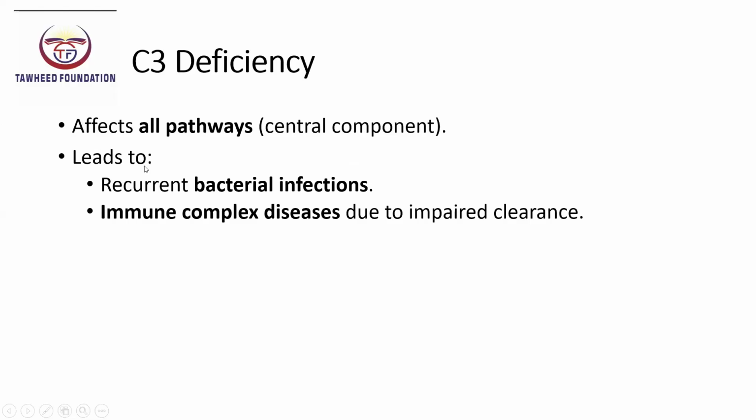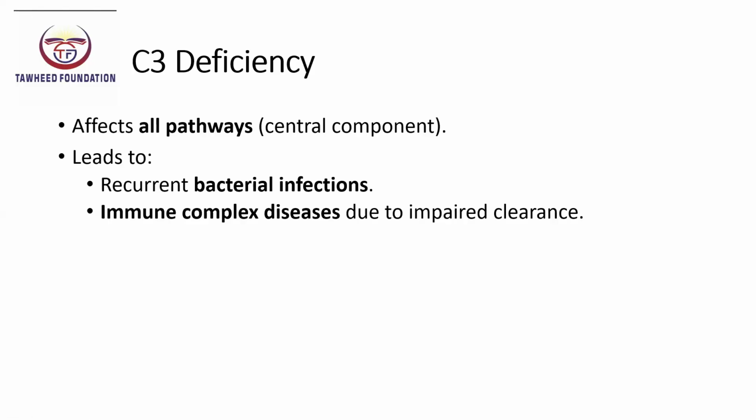C3 deficiency. C3 is the central and most critical complement component shared by all three activation pathways. A deficiency in C3 results in severe impairment of the entire system. Without C3, opsonization, chemotaxis, and MAC formation are all affected, leading to recurrent bacterial infection, especially with encapsulated organisms such as Neisseria, Streptococcus pneumoniae, and Haemophilus influenzae.